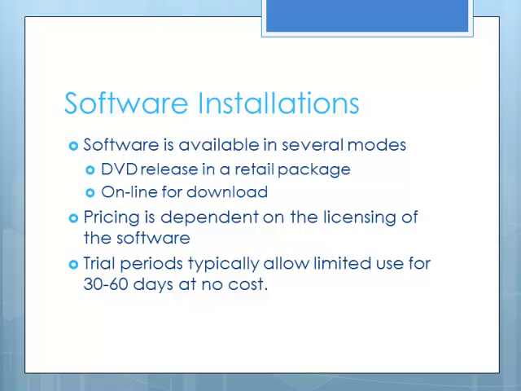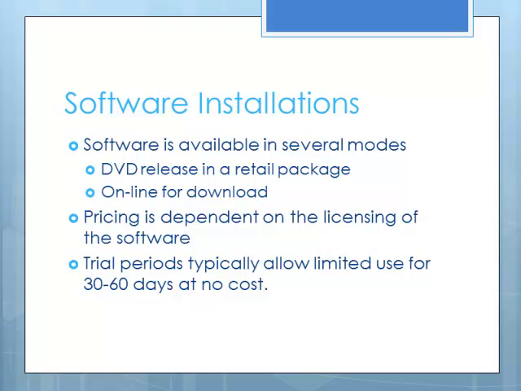So let's talk about software installations first. You can get your software in many different ways. I'm going to really just focus on two because that pretty much covers all the examples. You can either get it on a DVD, perhaps a CD still, comes shrink wrapped in a box, perhaps with a user's manual, or you can download it from online.